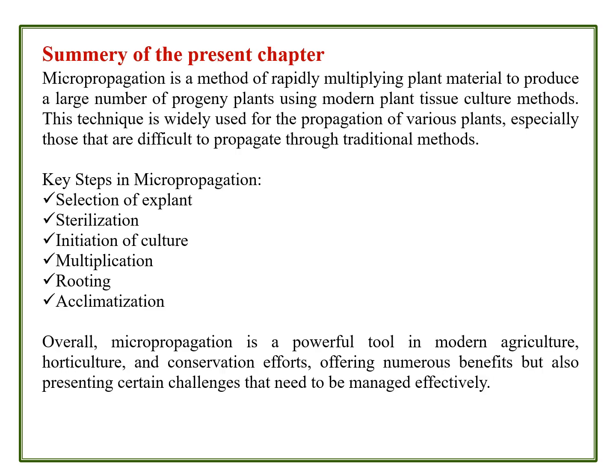Let us summarize the present chapter, that is micropropagation. One of the best applications of plant tissue culture, micropropagation is a method of rapidly multiplying plant material to produce a large number of progeny plants using modern plant tissue culture methods.